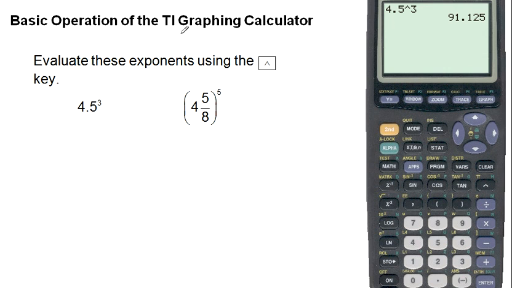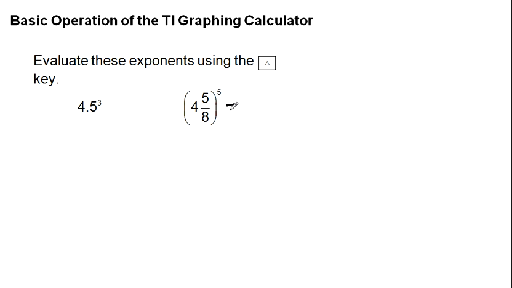Remember that when you're using a mixed number, you have first got to change it to an improper fraction. So we would take this and rewrite it as 4 times 8, which is 32, and 5 is 37 over 8. And it is in parentheses, so we'll put the parentheses around it and then raise it to the 5th power.